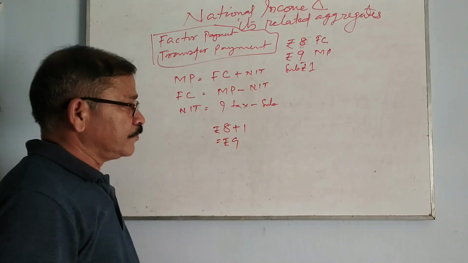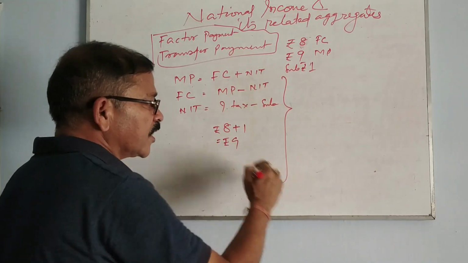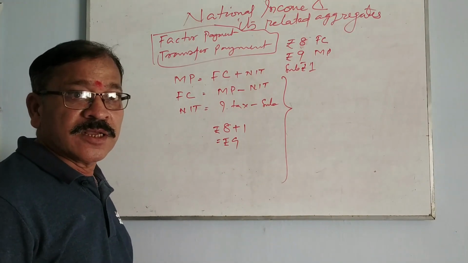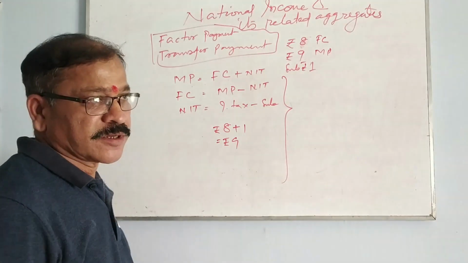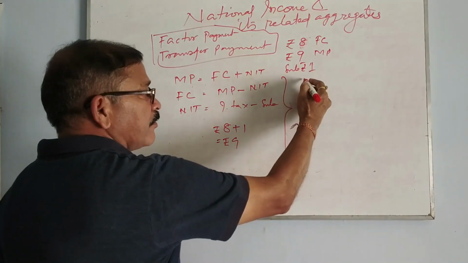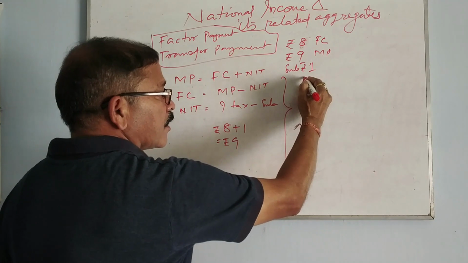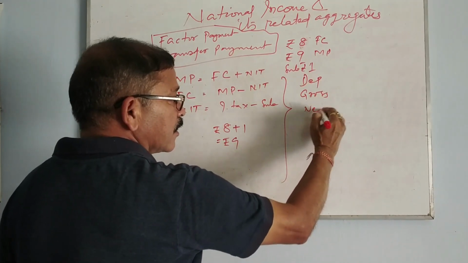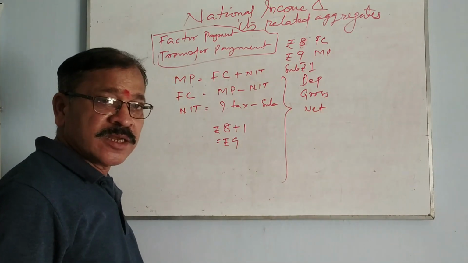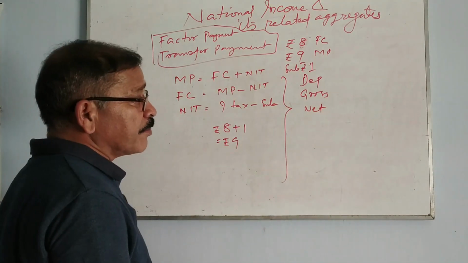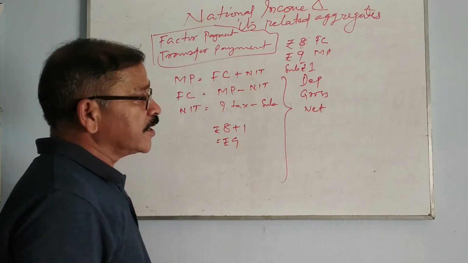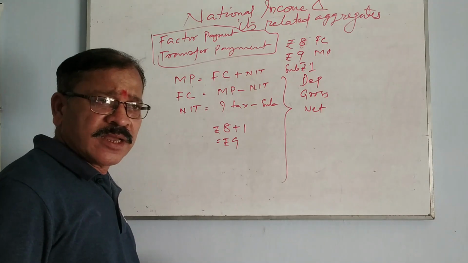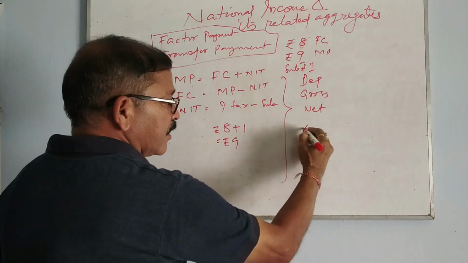Now, there are some formulas which you need to understand for doing numerical problems in the forthcoming chapter. For example, depreciation, gross, net. These three concepts we discussed in our previous video. Say a person earns 10,000 rupees.